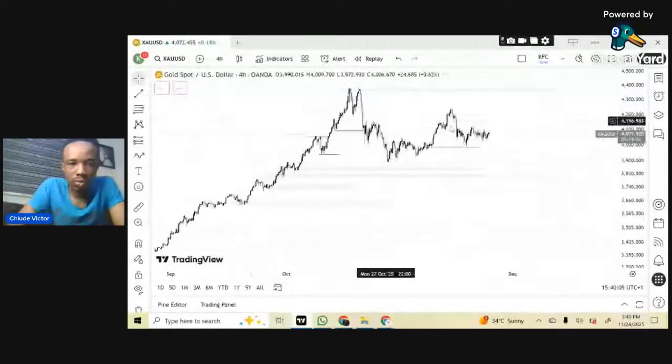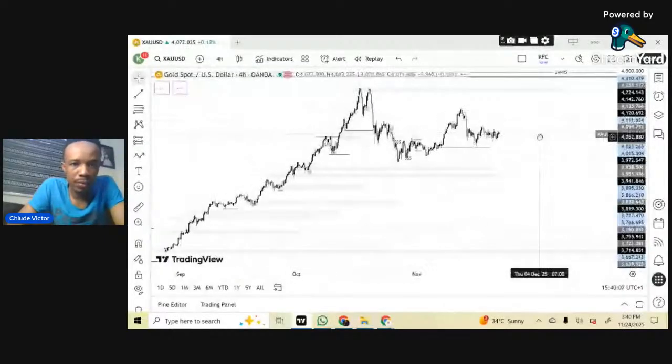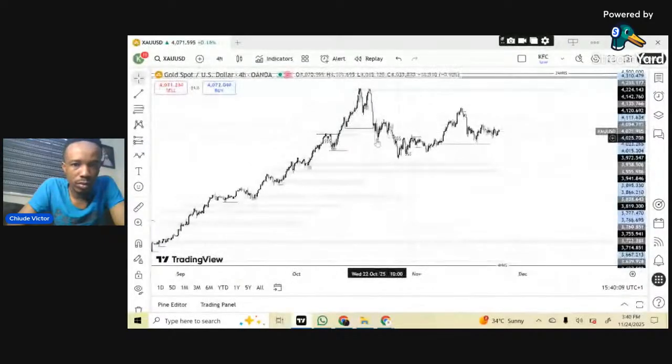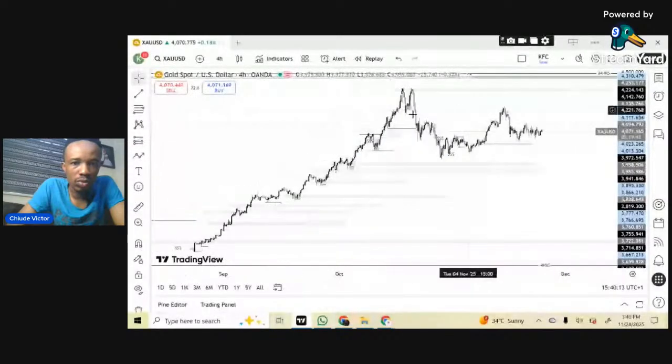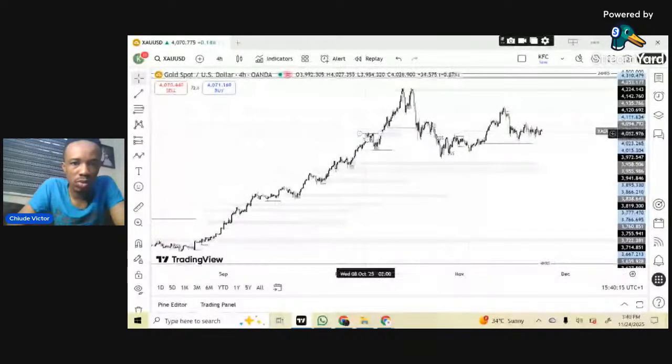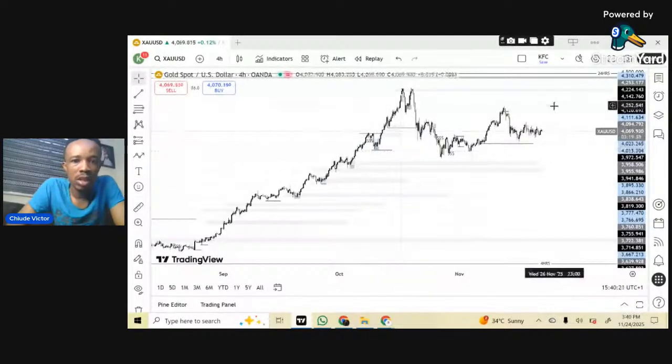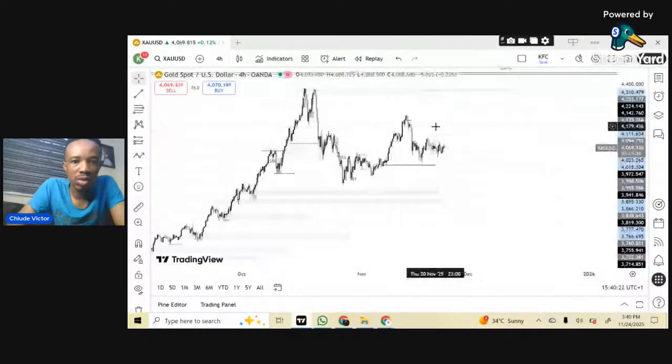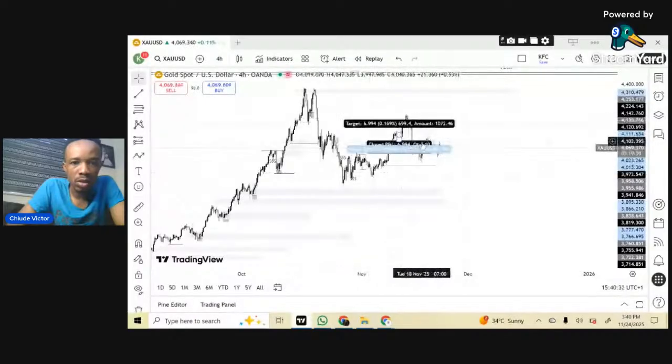For the gold traders, what you should do with gold is, in an overall move, gold has taken out this low, so we can say gold is bearish. And then on the internal move, it's taking out this low, so we can still say bearish.